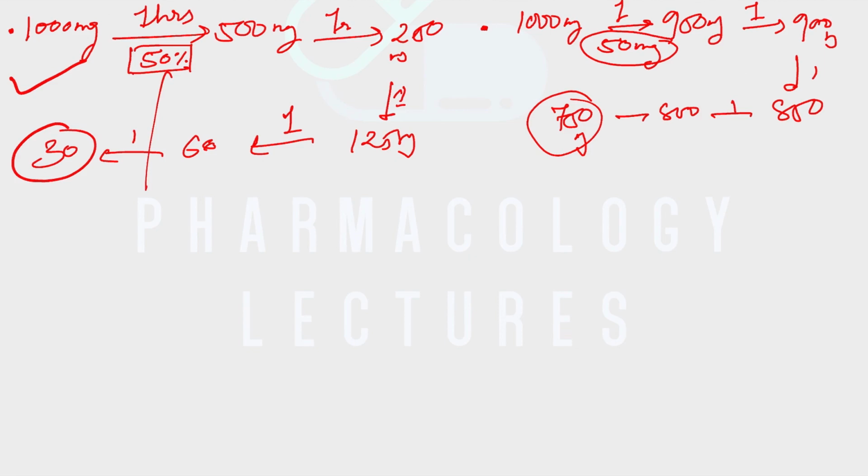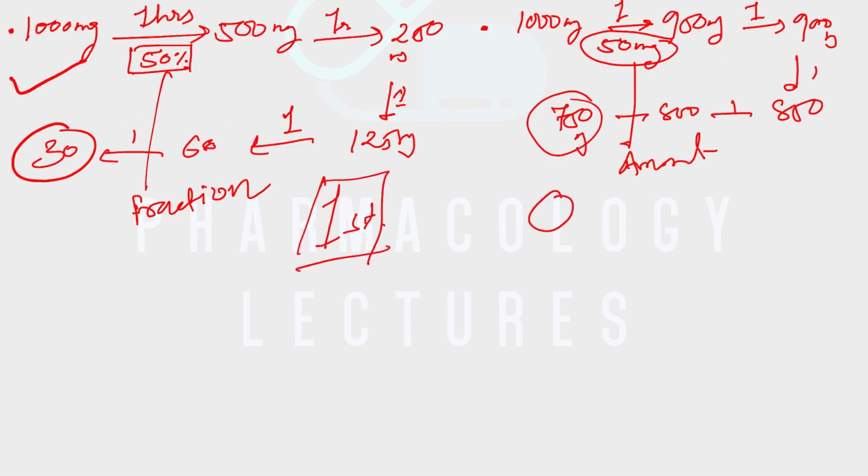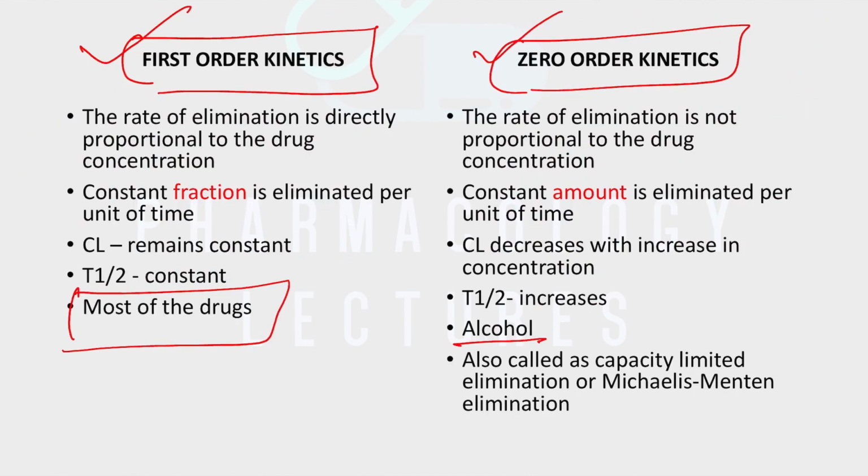So here a constant fraction is getting eliminated, while here a constant amount is getting eliminated. This is the difference between first order and zero order kinetics. In first order kinetics, a constant fraction is eliminated per unit of time, and here a constant amount is eliminated per unit of time.